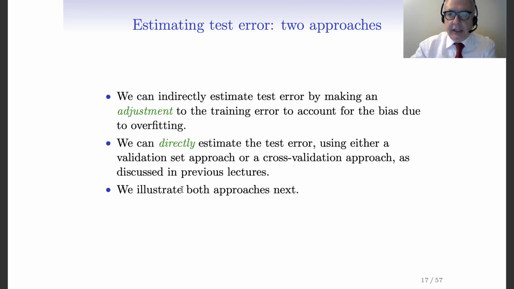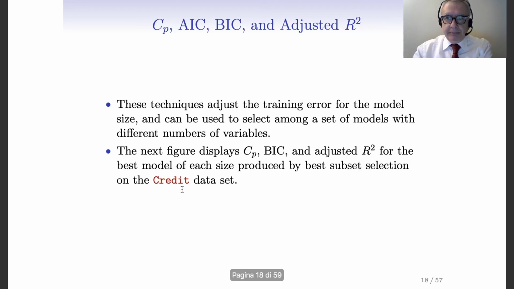The idea is that these adjustments should help estimate the test error through a correction made on the training error. There is a second approach in which we directly estimate the test error using validation or cross-validation that we have already discussed in the previous chapter on resampling. We illustrate both techniques next.